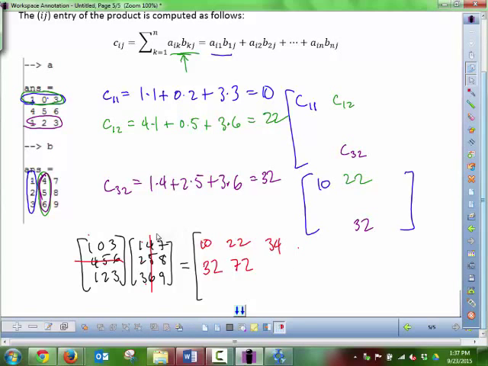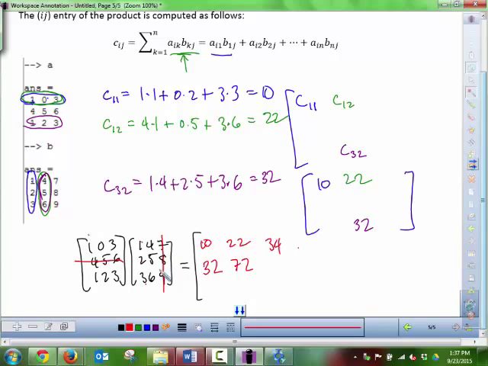And then 4 times 7 is 28. 28 plus 40, 68. 68 plus 54, 1... What is it?